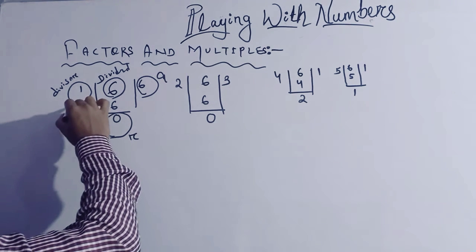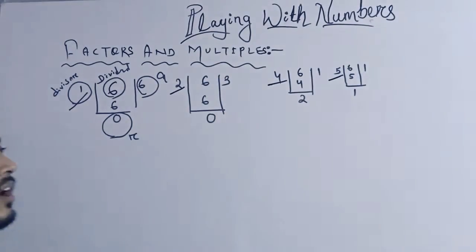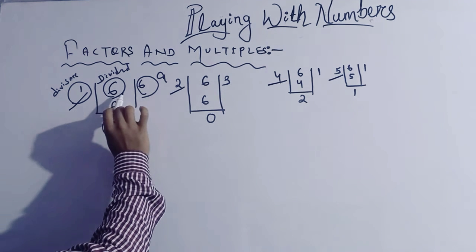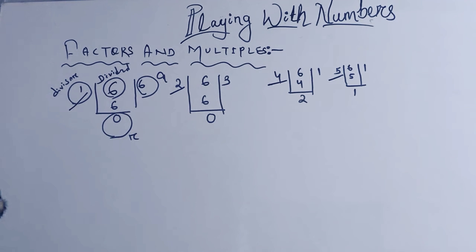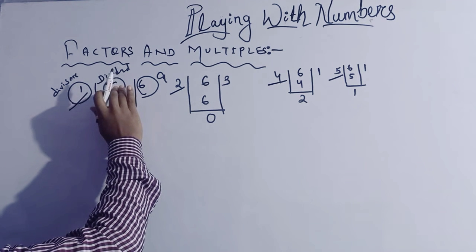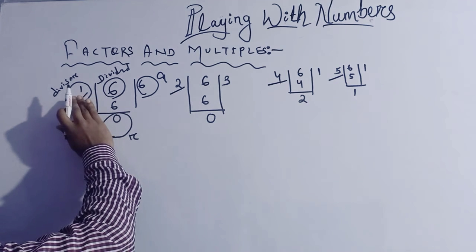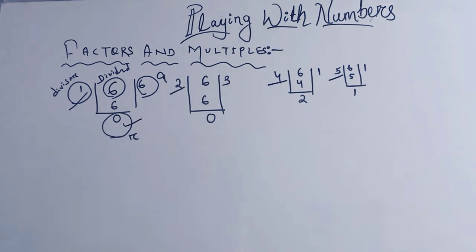Remember, this one is the divisor, this one is the divisor, this one is the divisor, this one is also the divisor. But remember one thing: whenever on dividing the dividend by any divisor we get the remainder equal to 0, that divisor can be called the exact divisor.